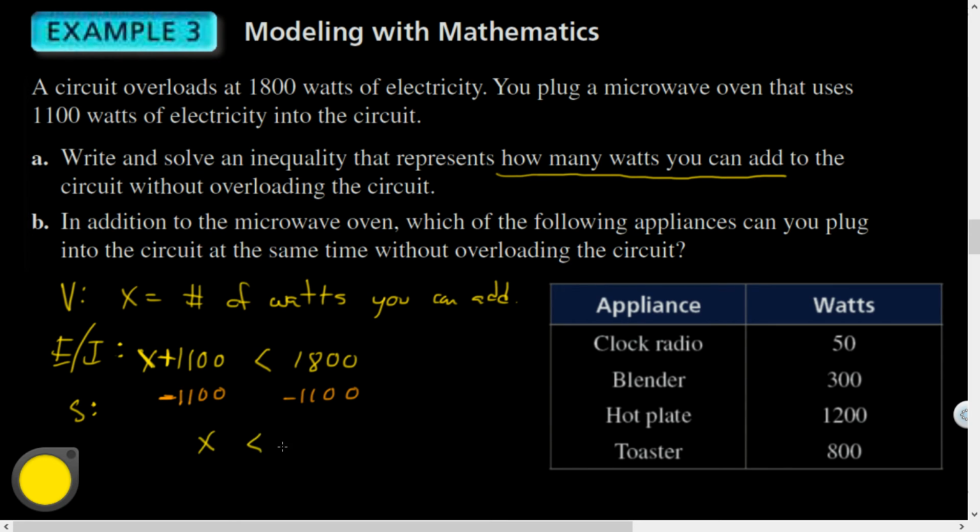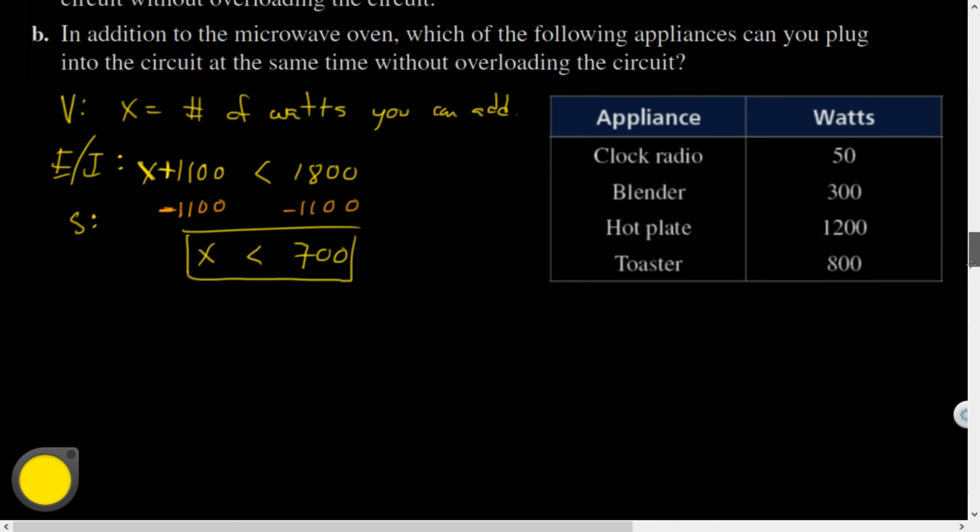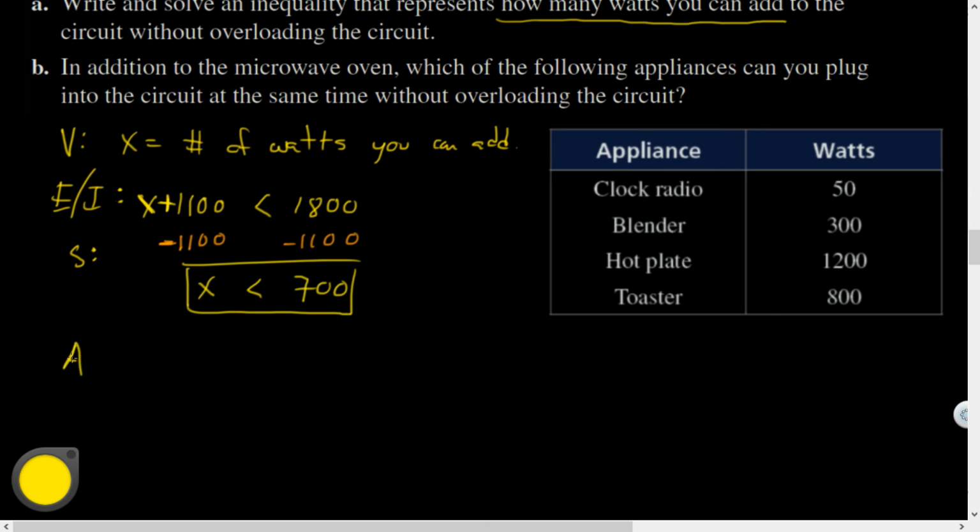The inequality is still the same, friends, and I get 700 watts. Solved it. If doing this properly, I could then write a sentence answer saying you can add no more than 700 watts. No, I need to say less than. You can add less than 700 watts.